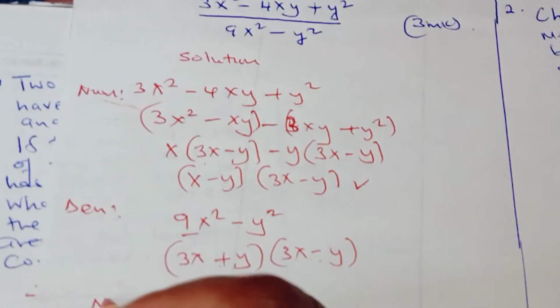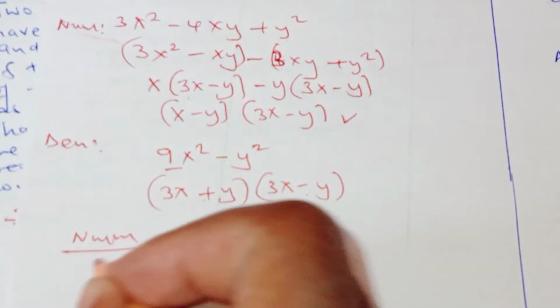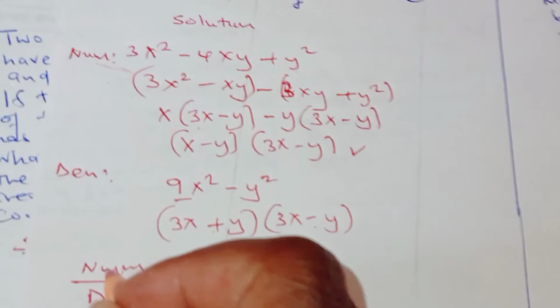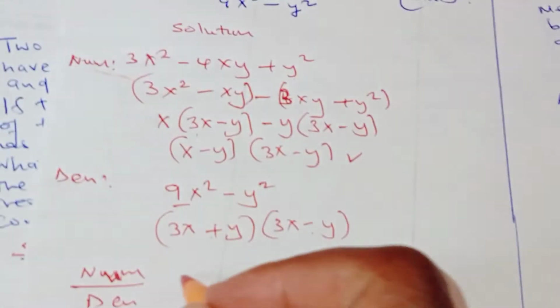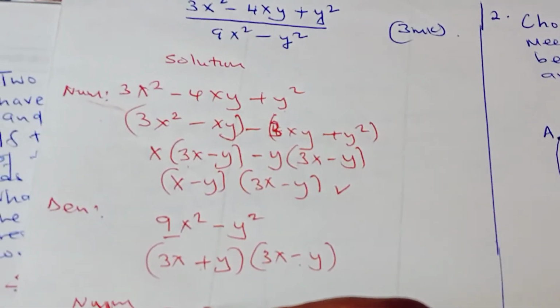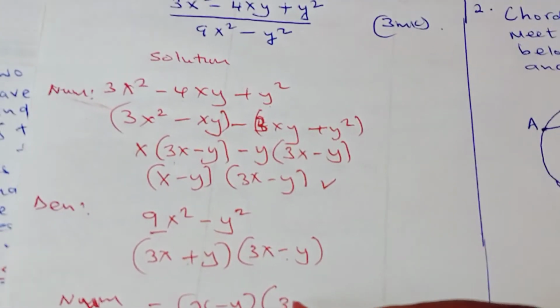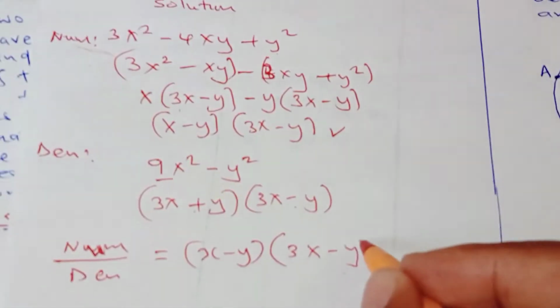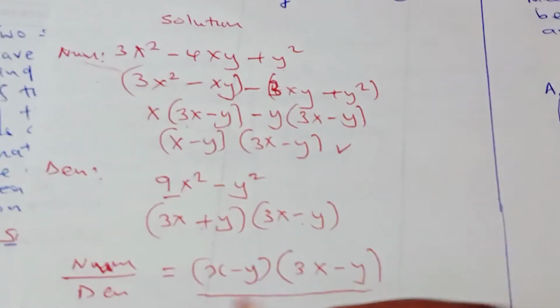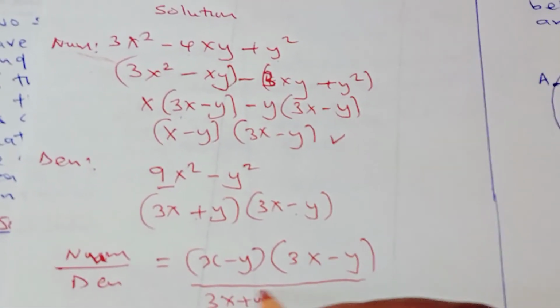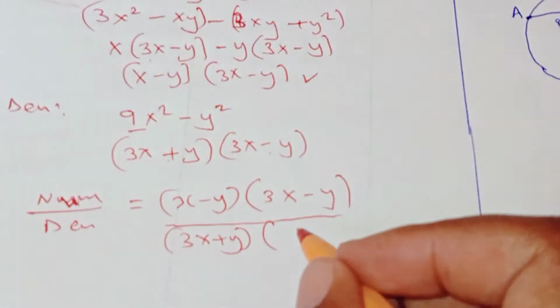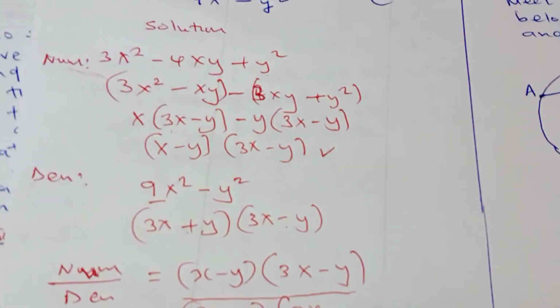So we take now numerator over denominator, and this gives us x minus y. This is the content in the numerator, and we take now the content in the denominator, which is 3x plus y, 3x minus y.